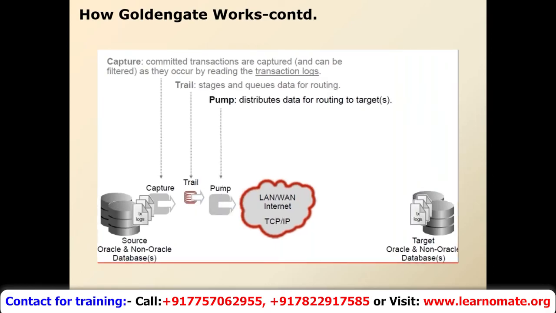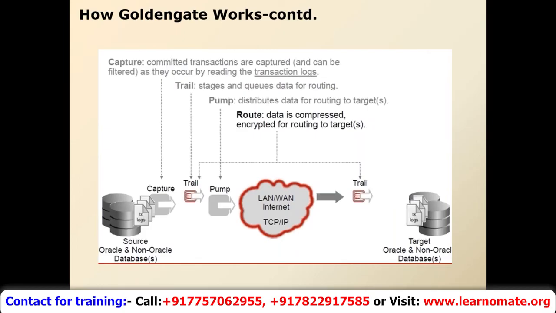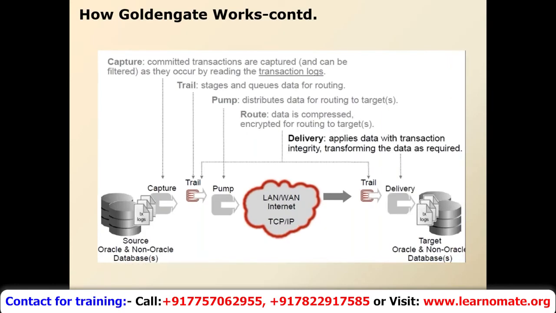Once the data becomes available in the local trail, the GoldenGate data pump process reads the data out of the local trail, sends it over the TCP/IP network, and writes it to trail files on the target machine, which are called remote trail files. Once the data becomes available in the remote trail file, the GoldenGate replicate process, or delivery process, reads the data from the remote trail and applies it to the target database.